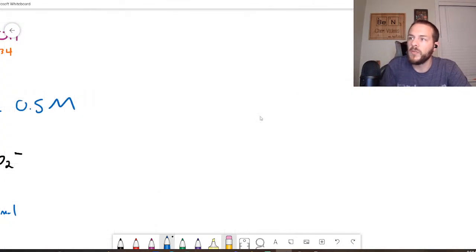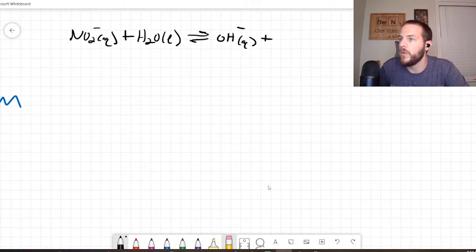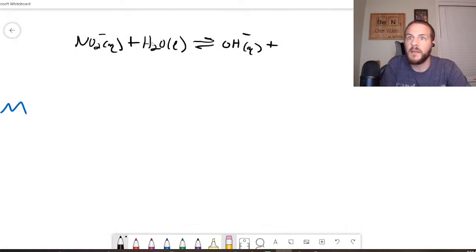The first thing that we're going to do is simply write the chemical equation for the reaction. So we have NO2 minus, the nitrite ion, aqueous, reacting with water, which of course is a liquid, to produce the hydroxide ion, OH minus, aqueous. And we're also going to get the conjugate acid of nitrite ion, which of course is HNO2, aqueous.